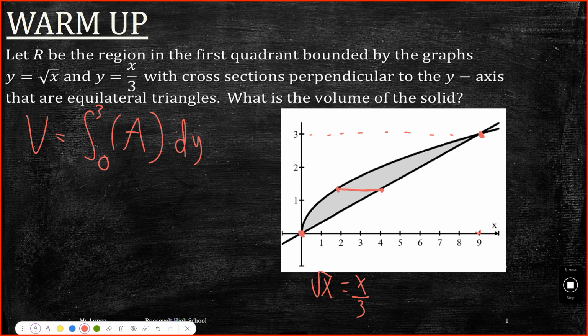It was square root of 3 over 4 s squared. So we're going to go volume equals from 0 to 3, area is square root of 3 over 4 s squared dy.